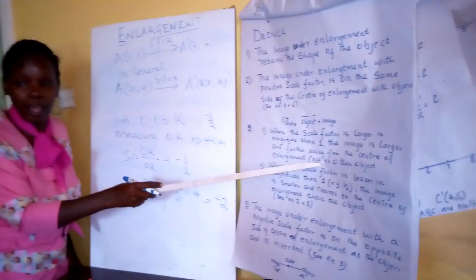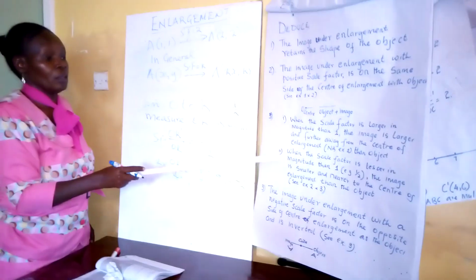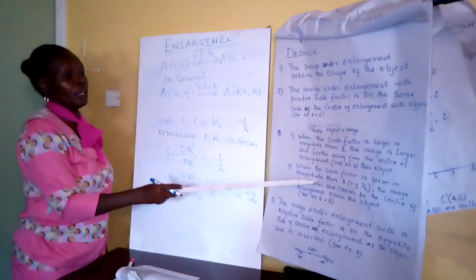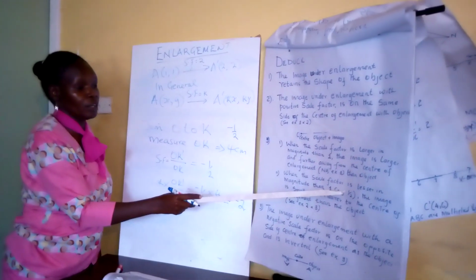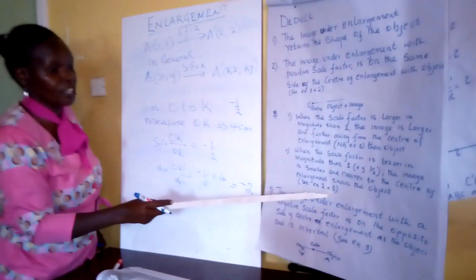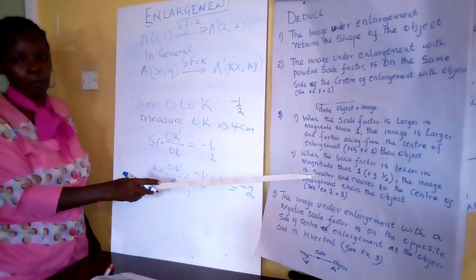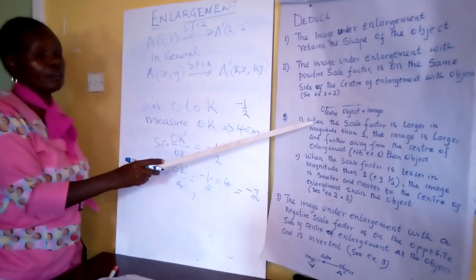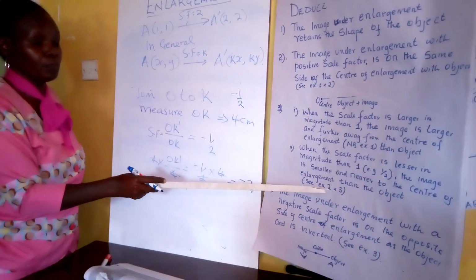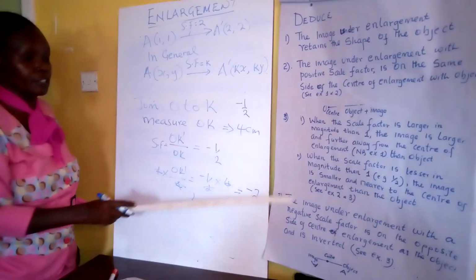So you can look at example 1 to see this condition. Then number 2 is that when the scale factor is less in magnitude, that is less than 1, e.g. a half, the image is smaller and nearer to the center of enlargement than the object. These two cases can also apply when the scale factor is negative. I've used the examples where we had positives, but it can also apply when the scale factor is negative.